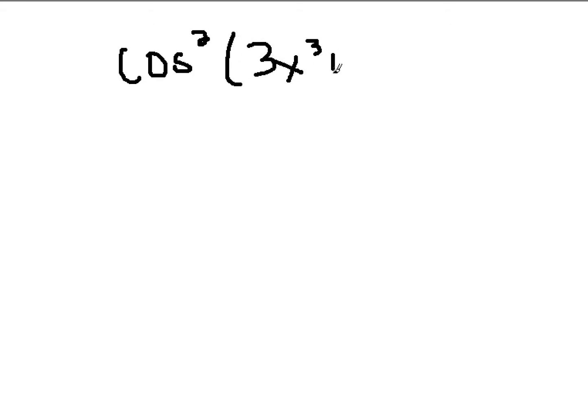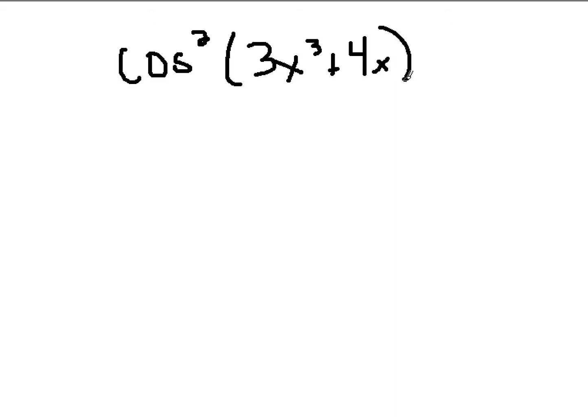So what if I have something like this? Actually, let's use a different trig function. Let's use cosine. So if I have something like cosine squared of, let's say, 3x cubed plus 4x, this is going to be a really convoluted one, but it's going to be good practice. The question becomes, is the cosine what's outside?